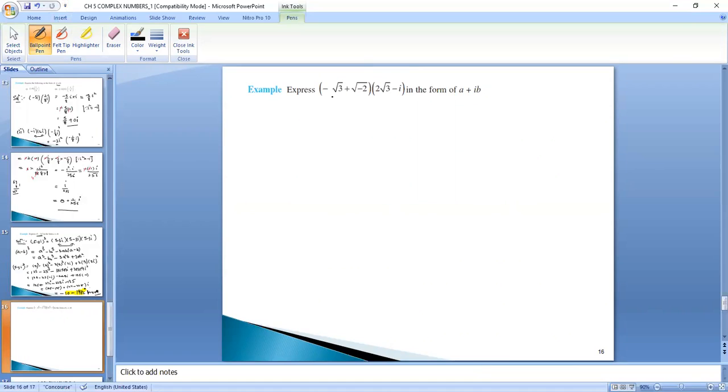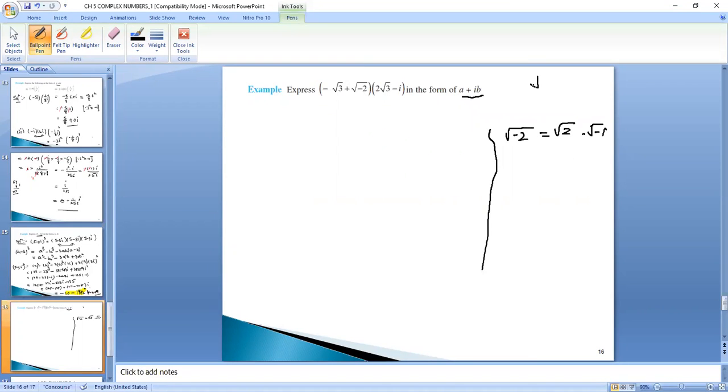Express (−√3 + √−2)(2√3 − i) in the form a + ib. So first, how to write √−2? √−2 can be written as √2 into √−1.